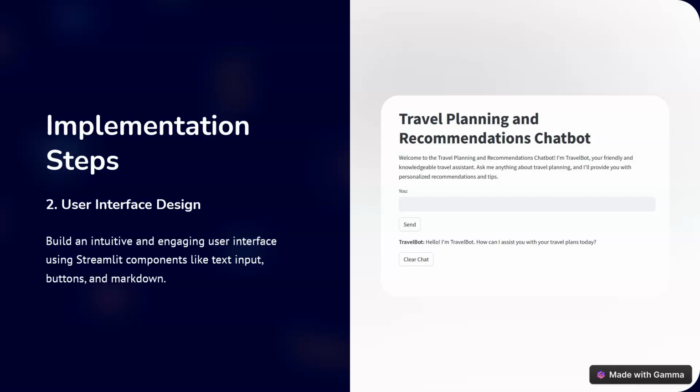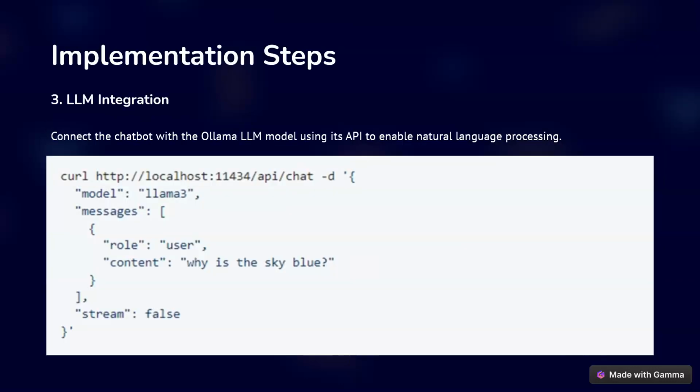Then we build the user interface using Streamlit components like text input, buttons, and markdowns. After that, we integrate the LLM by connecting the chatbot with the Ollama model using API requests and designing efficient prompts.